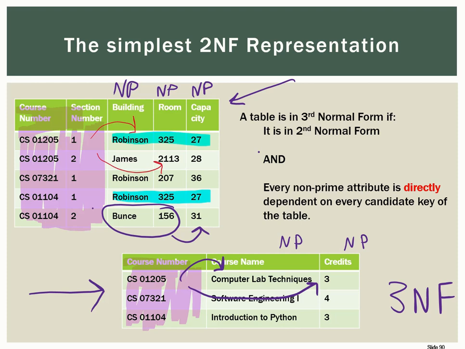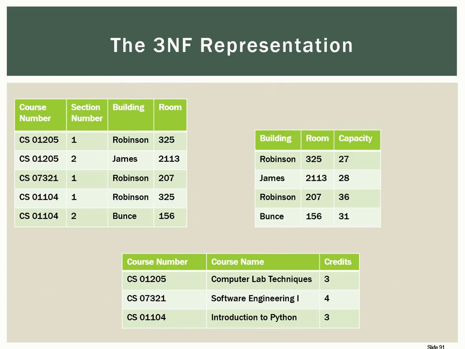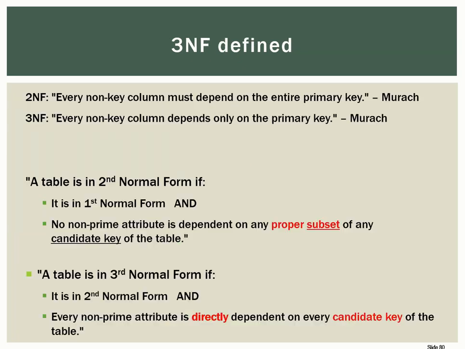So to bring this to third normal form, we will eliminate that redundancy. And here's the third normal form representation, where we pull out the relationship between the capacity and the building and the room into its own table.